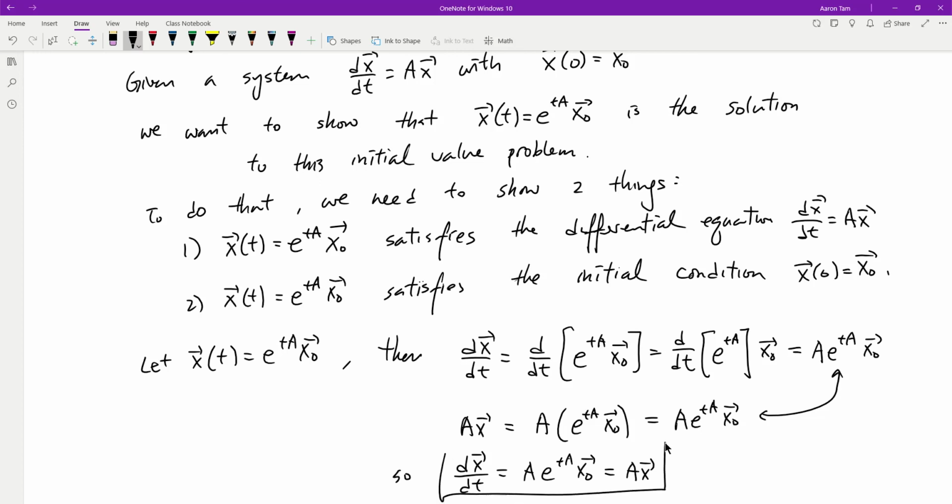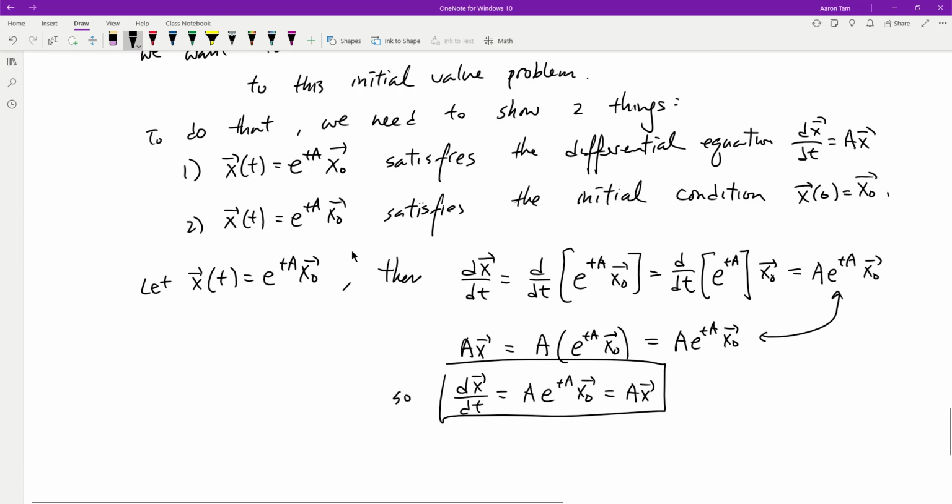So that showed the first thing we need to show: the vector x of t equal to e to ta vector x sub 0 will satisfy our differential equation.